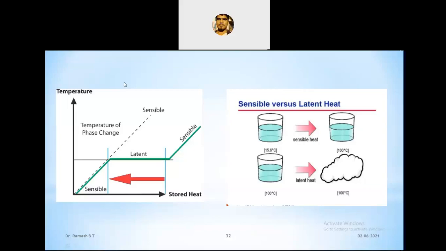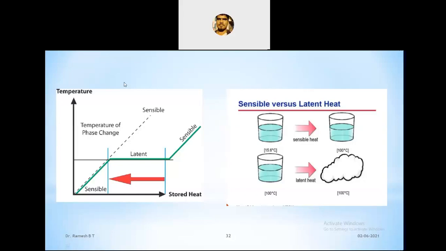In thermal storage there are two important types, sensible heat and latent heat. Thermal storage means energy can be stored by heating, melting, or evaporation of materials or substances, and that energy becomes available.